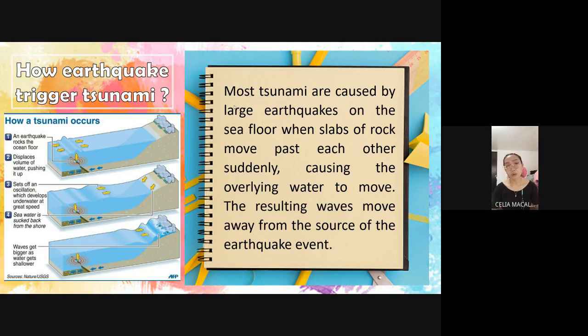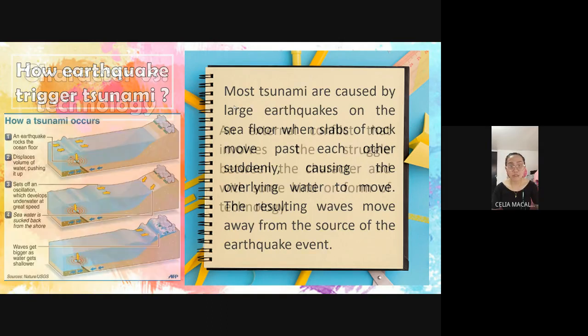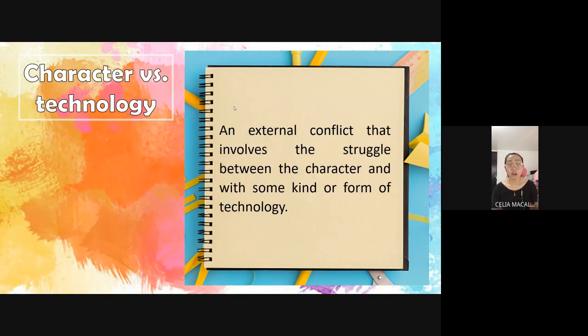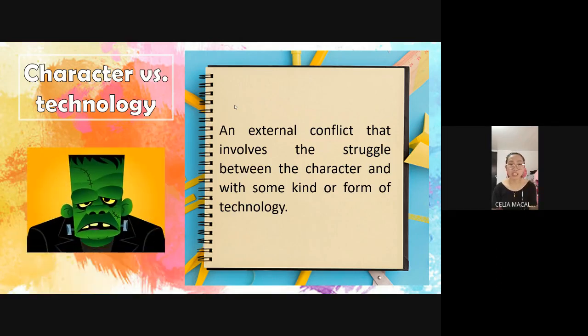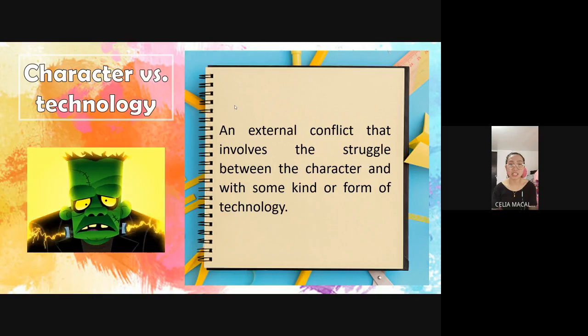Okay, going back to our lesson, we have the last for our external conflict, which is character versus technology. It is an external conflict that involves the struggle between the character and some kind or form of technology. So can you remember this character? That is Frankenstein.